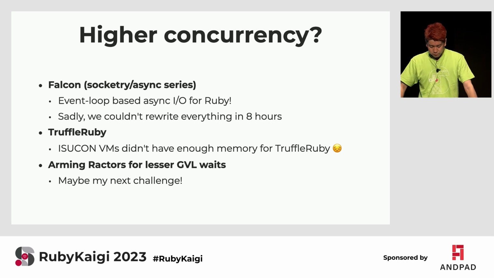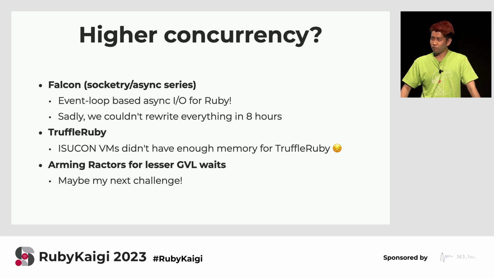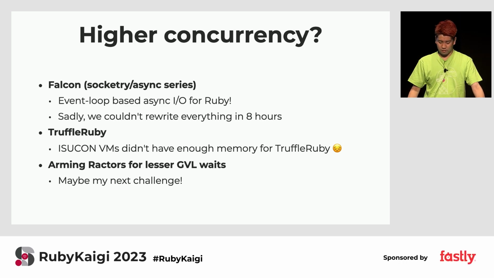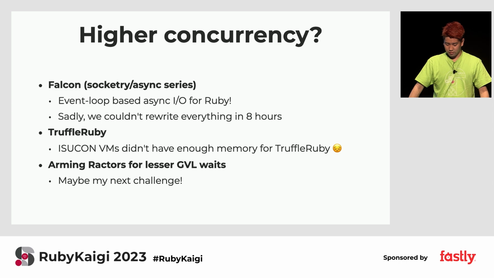But it really didn't work well as a drop-in replacement for Puma. I think we needed to rewrite a lot of I/O stuff using those async libraries. I think it's a really good choice for production apps in jobs, but we didn't have enough time to rewrite a lot of things in 8 hours.